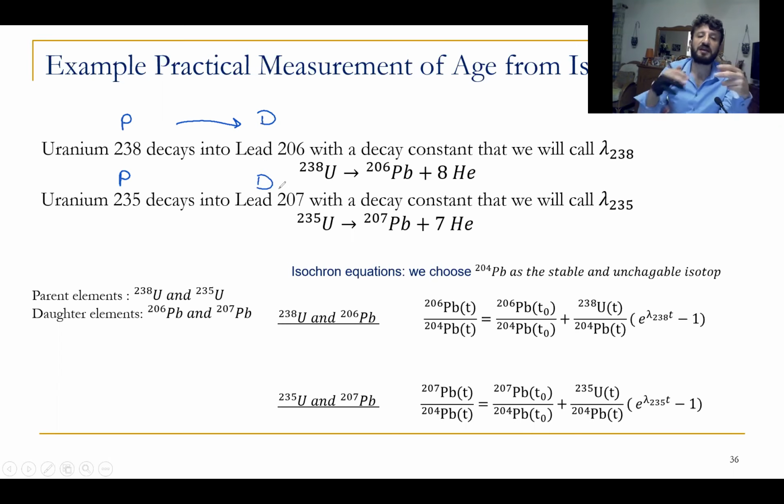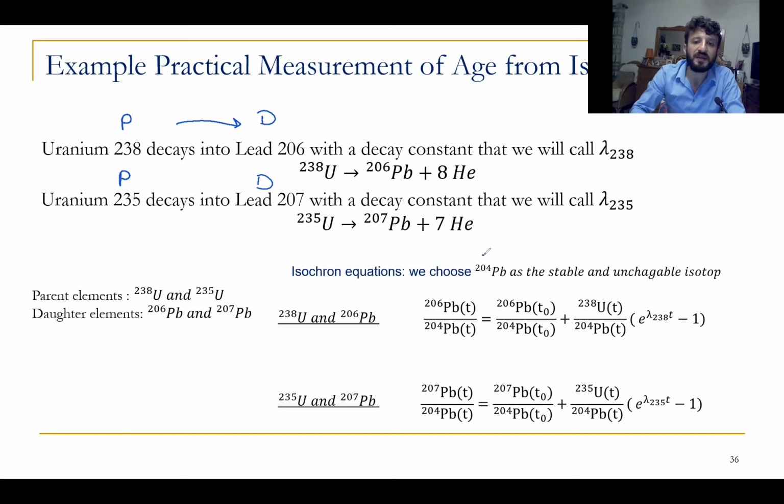So we have here two isochrone equations. We can follow the same approach for one parent and one daughter to get one isochrone equation, and for the other parent and daughter to get another. But be careful, we have to find another stable isotope.